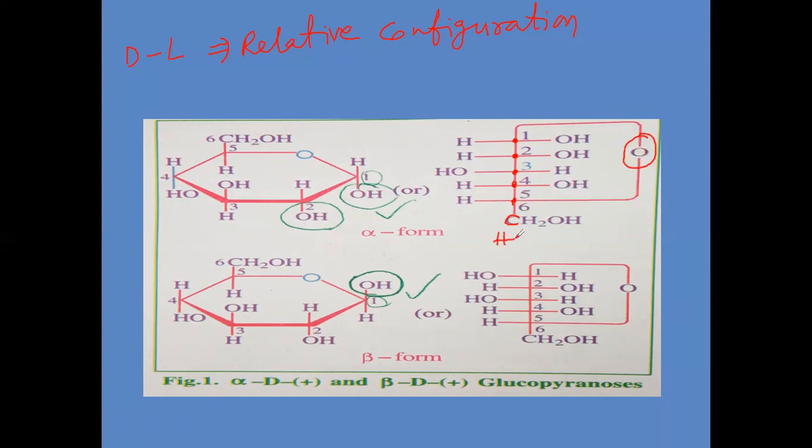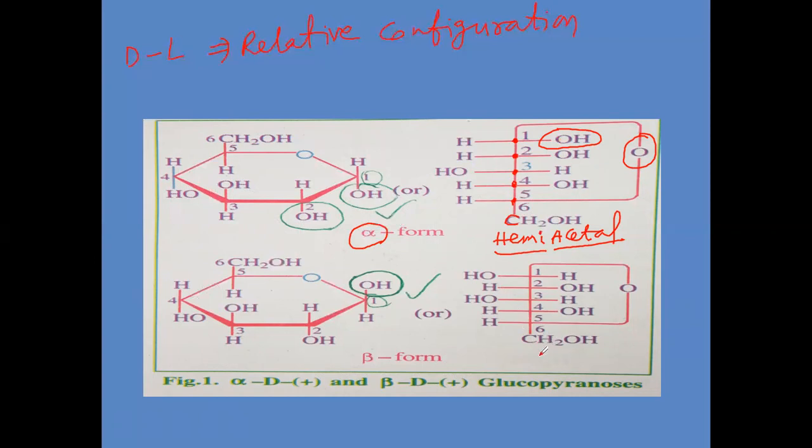In the cyclic hemiacetal structure, on the first carbon, if the OH group is present on the right side, that will be called the alpha form, alpha glucose.